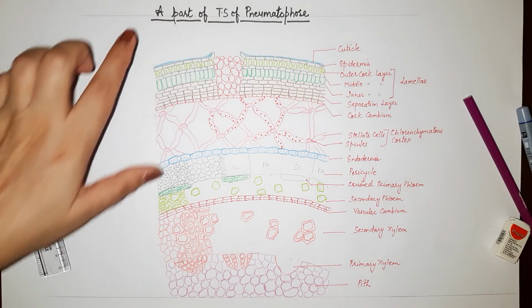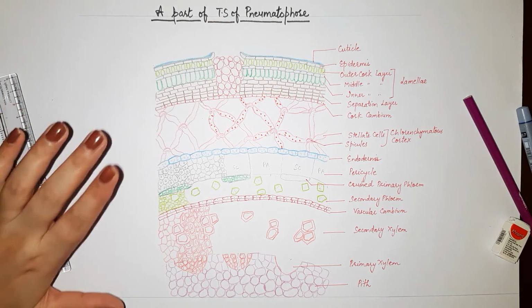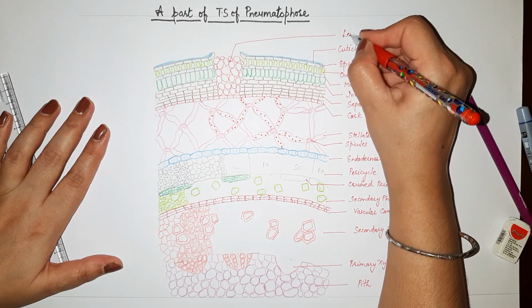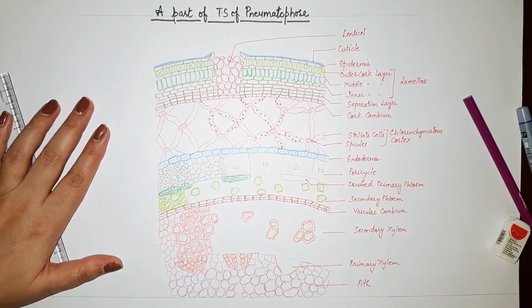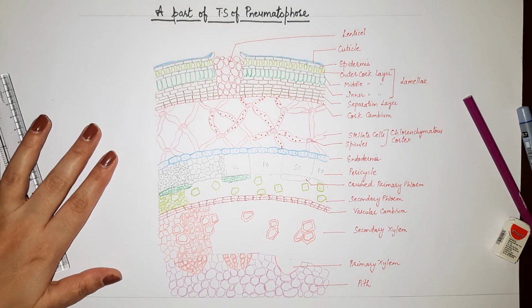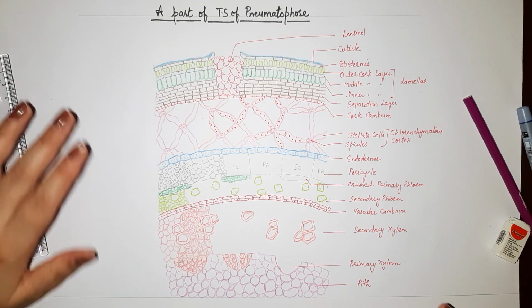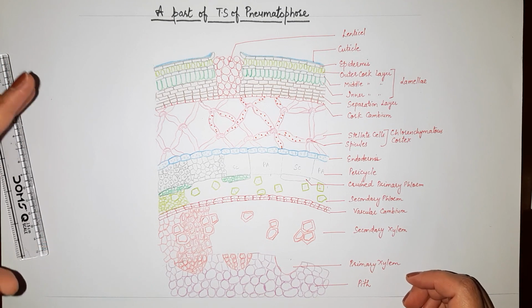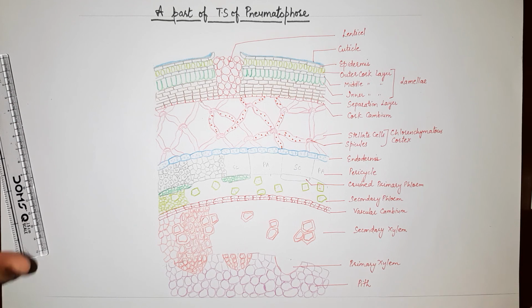So this is a part of TS of pneumatophore. One left, lenticel. So we are drawing only a part of the transverse section. So that is all about the structure of pneumatophore and root modifications for respiration. So this topic is over.